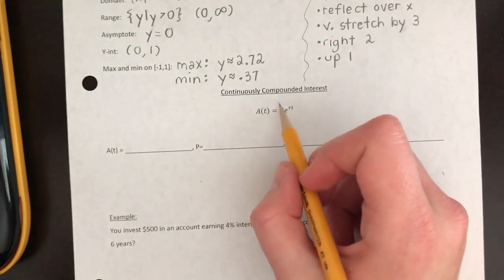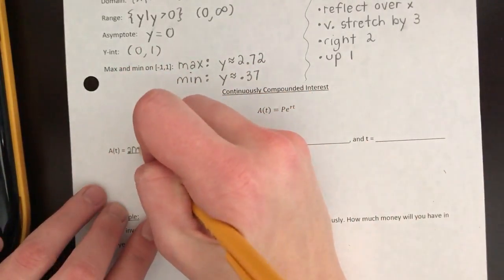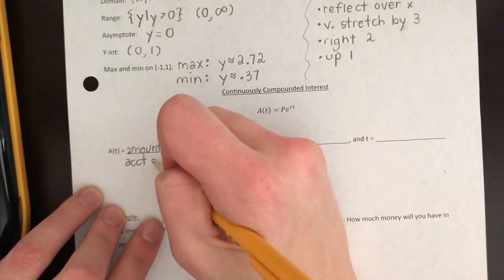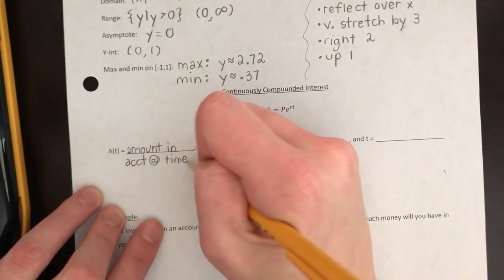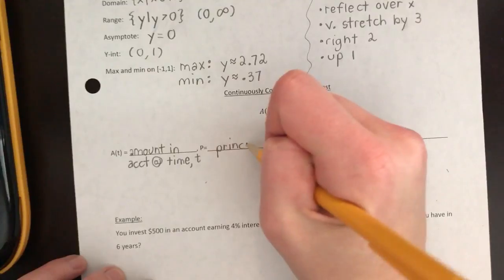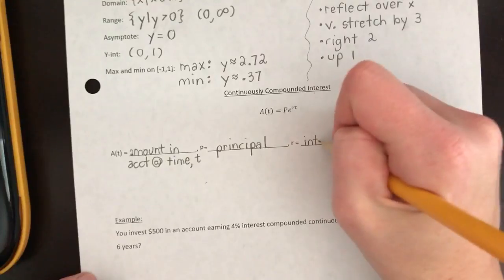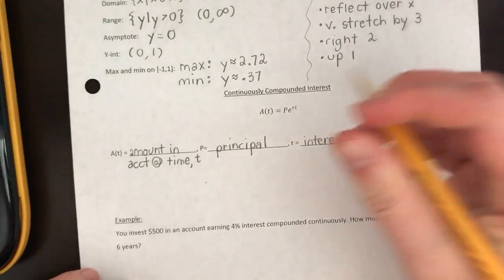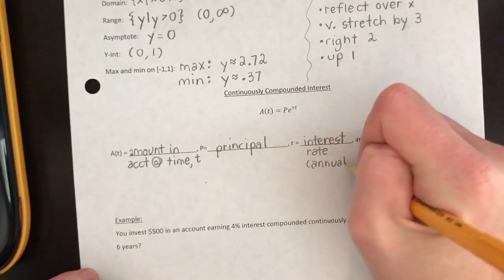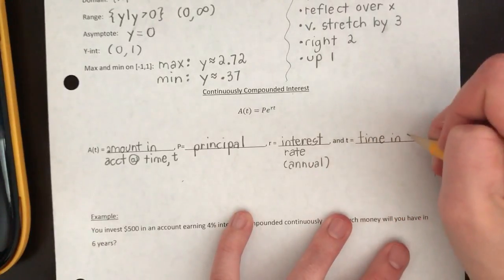This formula represents continuously compounded interest, where A of t is the amount in the account at, obviously, time t, where P represents the principal, almost the starting amount, and r is the annual interest rate, and t is time in years.